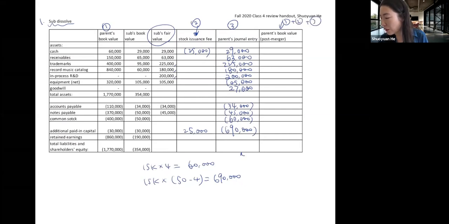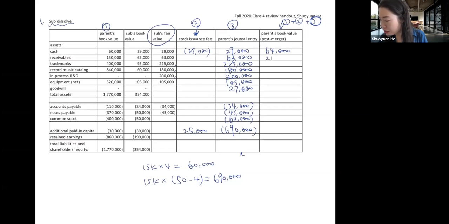So those 3 columns take the parent's book before the merger plus the 2 journal entries the parent made during the merger on the date of acquisition. And that will give you total cash of 64,000.